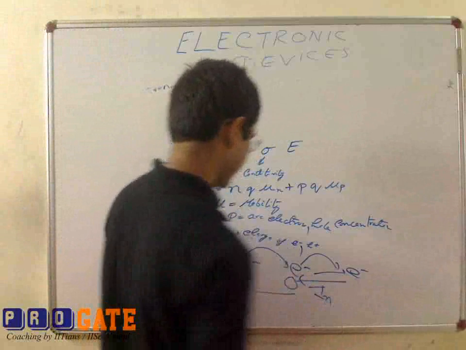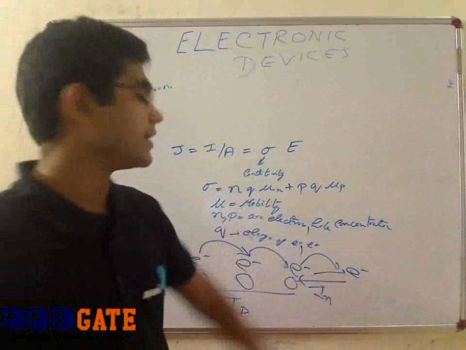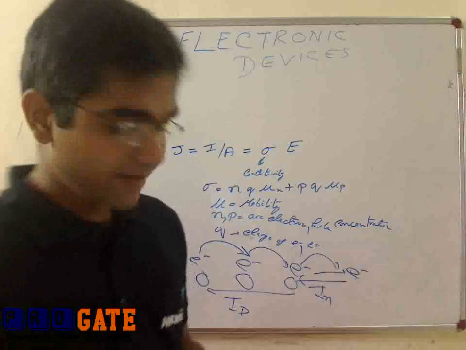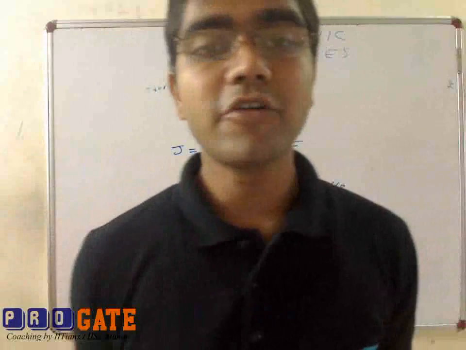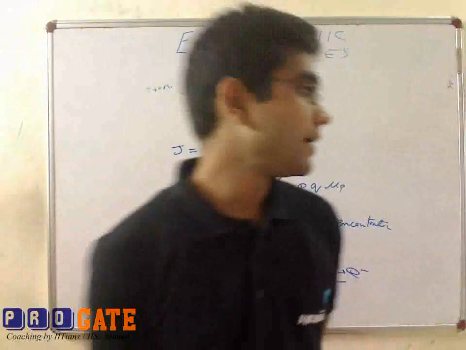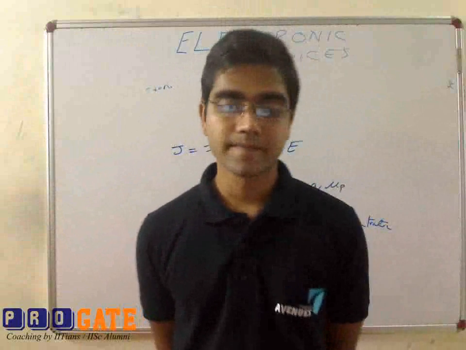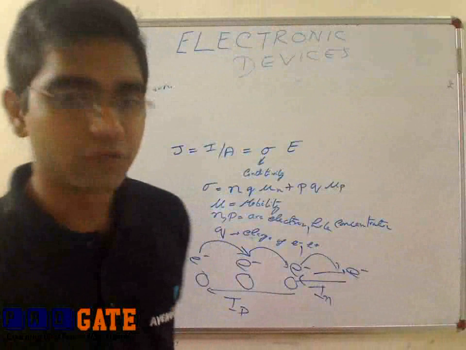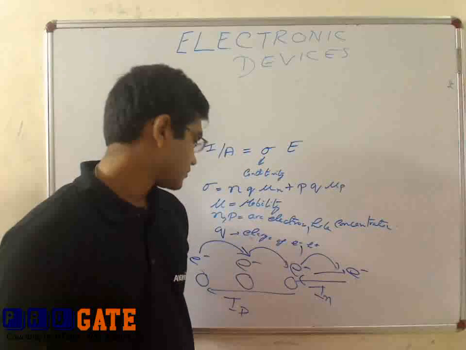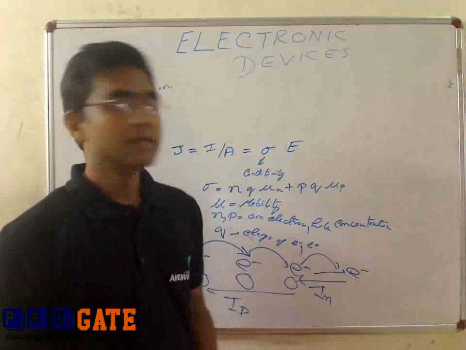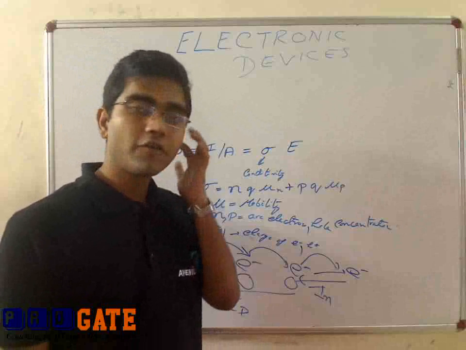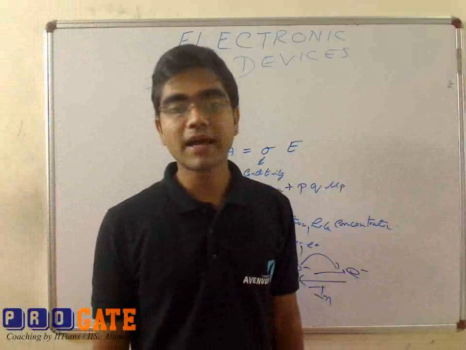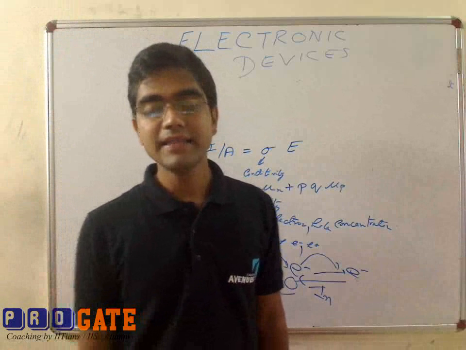Or this should be my IN, or rather IP. Now what is my total current? Total current is the effective contribution of the electrons as well as holes, right? Since the directions of flow of electrons and holes are mutually opposite, that makes the electron current and the hole current in a linear path.